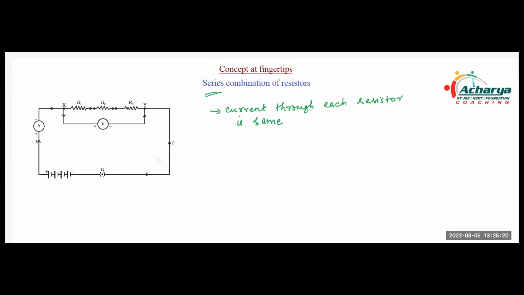Since there are no other branches in this circuit, we can say that this current will be the same as the current in the main supply. So the current through each resistor will be the same, and it is given by I, which is also the total current in the circuit.